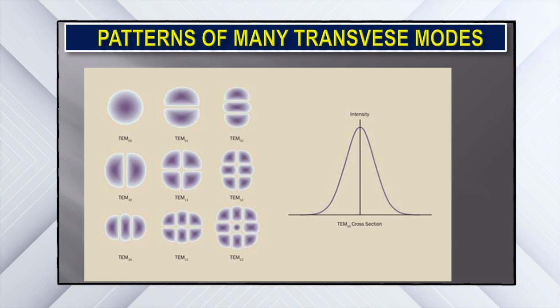a laser channel of even 2 or 3 millimeter diameter is large enough to produce modes in the transverse direction. In this direction or in this direction, they can produce modes, and such modes are called transverse modes.